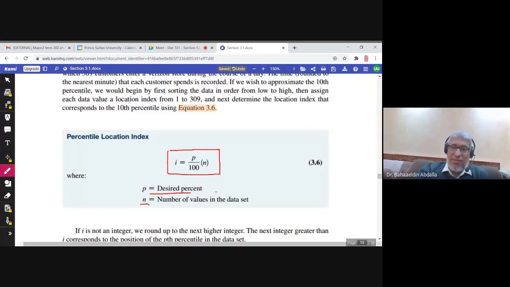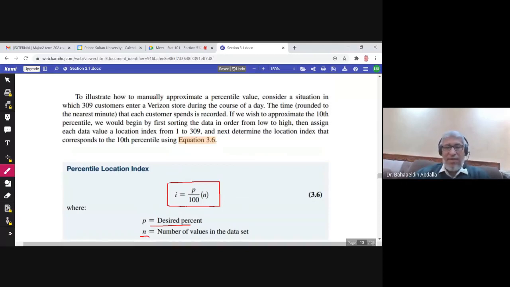Let us take an example. I have data with 309 values. Okay, 309 customers enter a store during the course of a day. I need to determine the 10th percentile of the 309 data values. So the first step is to sort this data.